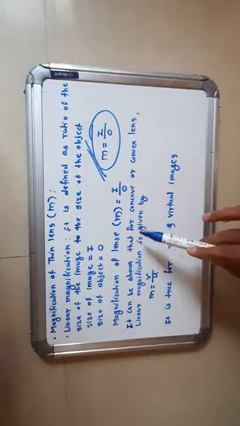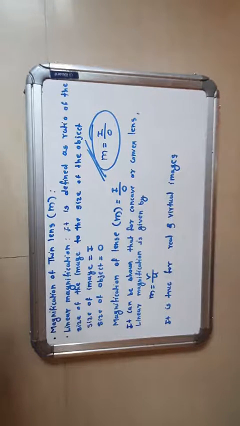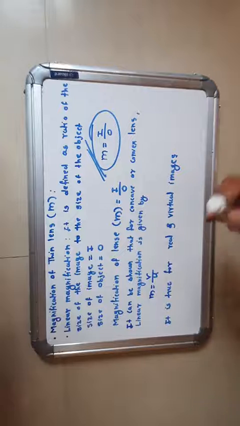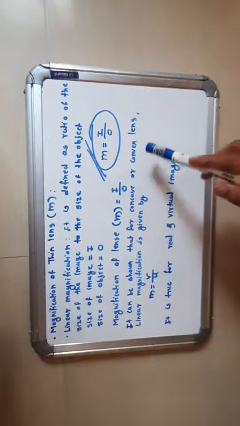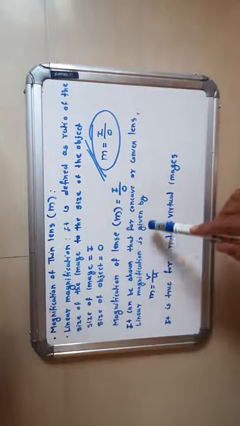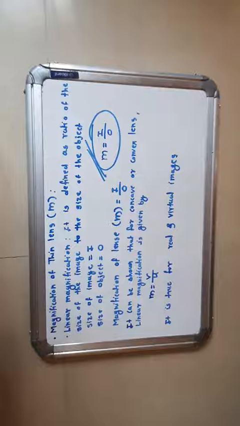It can be shown that for a convex or concave lens, which we already discussed, the linear magnification is given by m is equal to v by u.